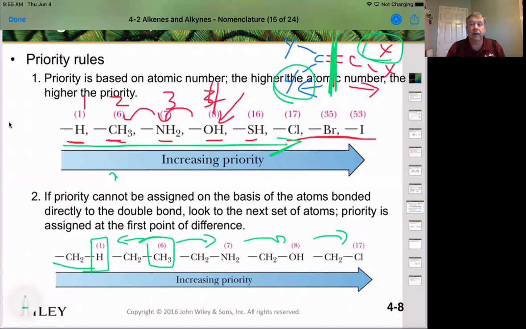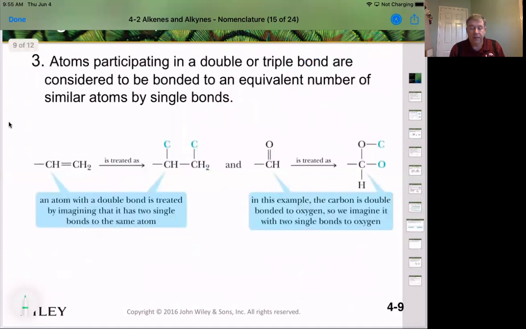But every once in a while, you have to come up with another rule. The next rule is if you have something like a carbon-carbon double bond, or a carbon-oxygen double bond, we have to count each of the bonds as being bonded to that atom. So this carbon is bonded to a carbon, but the second bond counts as a second carbon. If it's double bonded, you have to count the carbon twice.